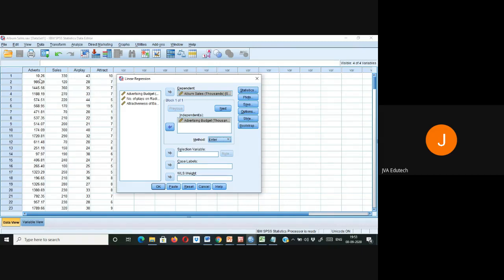Now, if there is a violation of the assumptions of homoscedasticity, linearity, normality, can't we predict this sales based on advertisement? If you remember the very first day, the thumb rule that I told, that if the assumptions are not met, you cannot apply a particular test. So what to do? Any idea?